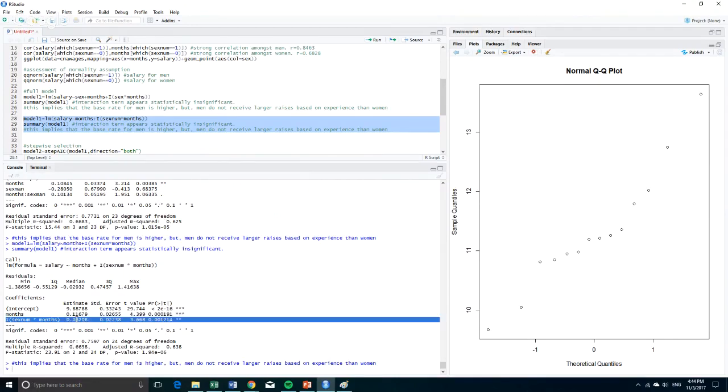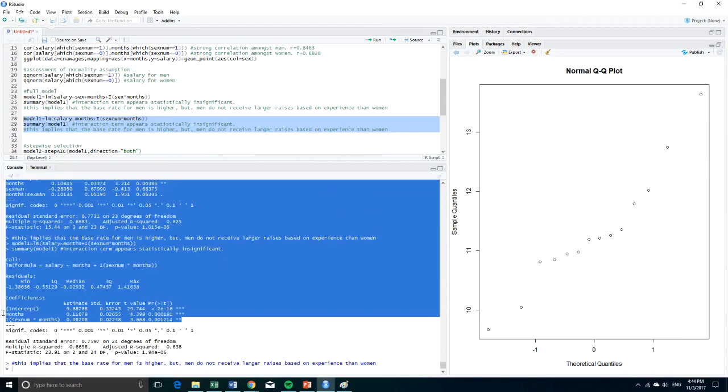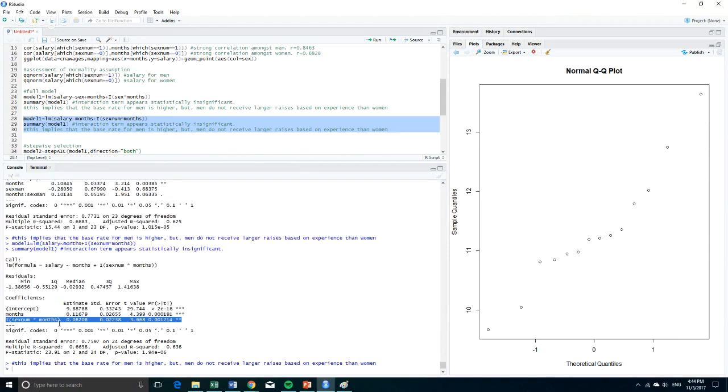It's changed a little bit too, but now it says that the average base rate for everybody is $9.88. For every extra month worked, women get an 11.6 cent increase, whereas men get an additional 8 cents increase on top of that. So that's not really good. That's probably bad news. Now we think we have statistical evidence to suggest that there's still some wage differences.